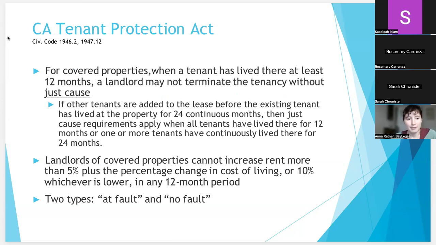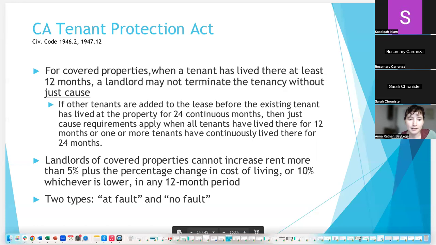The California Tenant Protection Act applies only to covered properties, which is spelled out in the statute, Civil Code Section 1946.2. But broadly speaking, it applies to most apartment complexes, right? And it applies only when a tenant has lived in a covered property for at least 12 months.